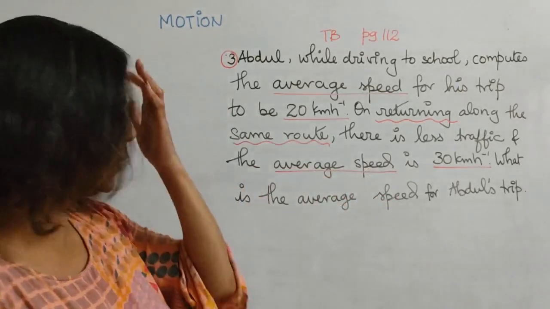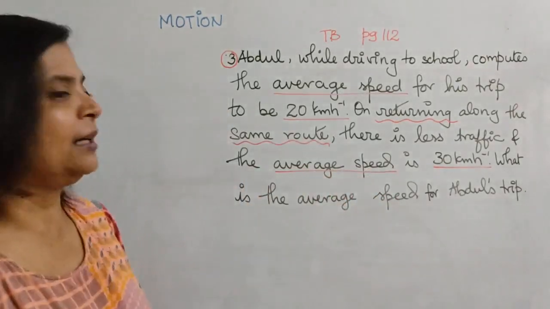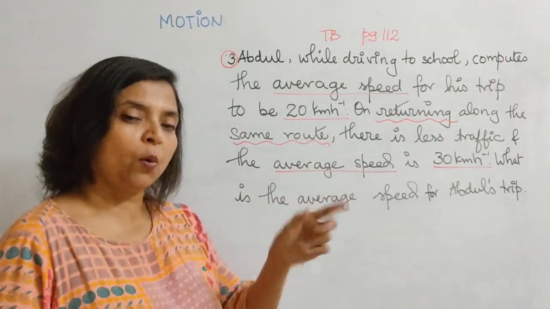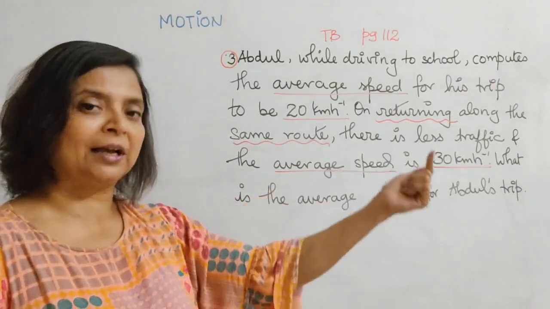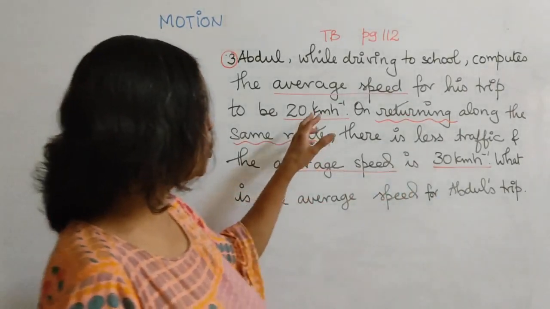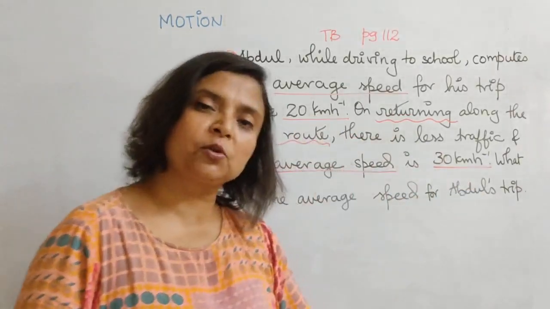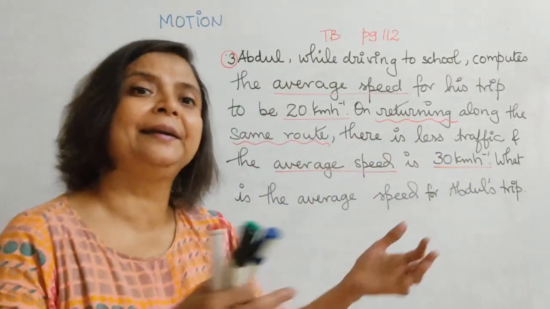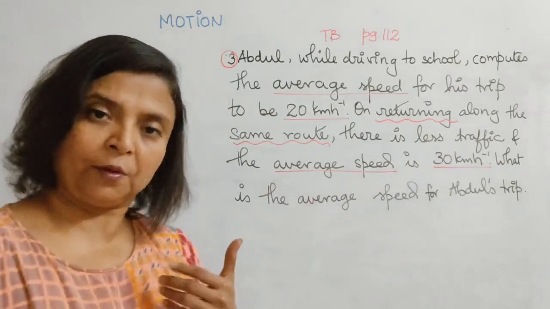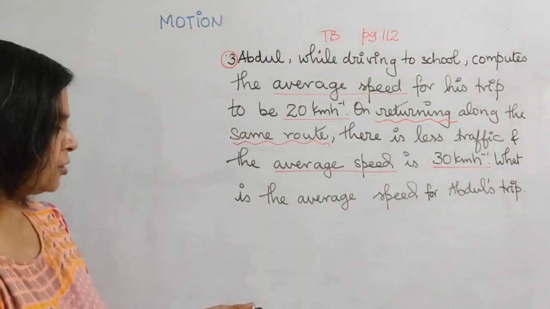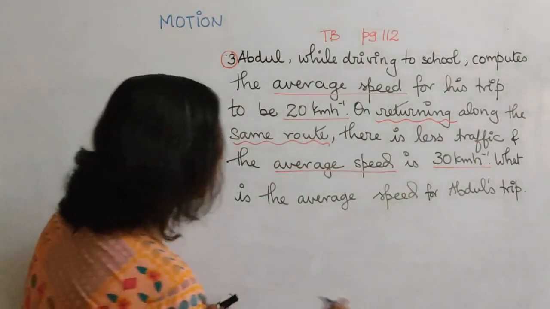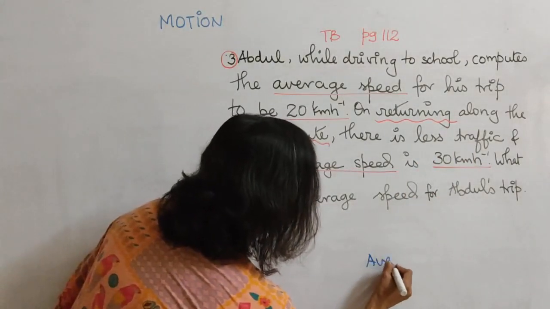To and fro, okay? Now, it's very clear. There are two journeys. One is to and the other is fro. Their individual average speeds are given. We are supposed to calculate the average speed for the entire trip. Let us just recollect the formula for average speed.